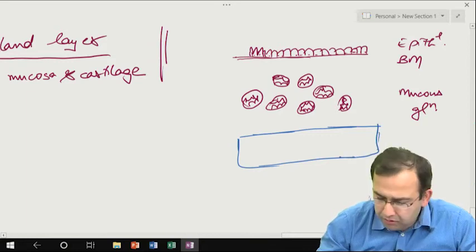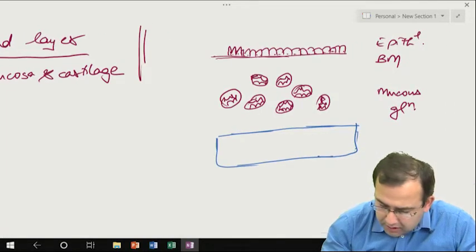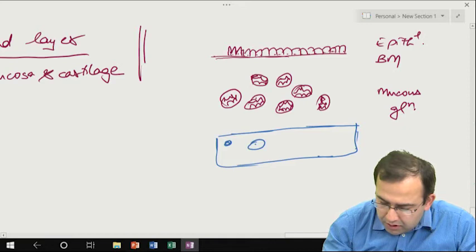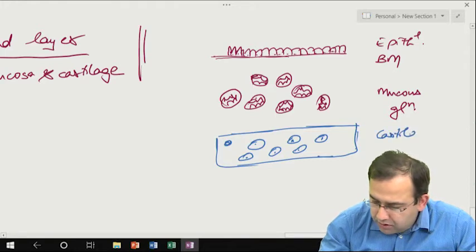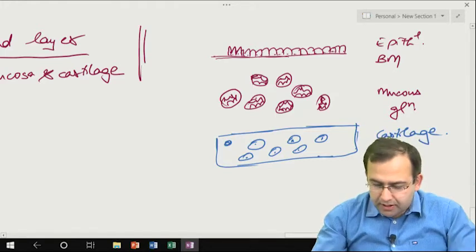I'm drawing it in blue because from histology you very well know it has a slightly bluish tinge, with all the nuclei. This is cartilage.